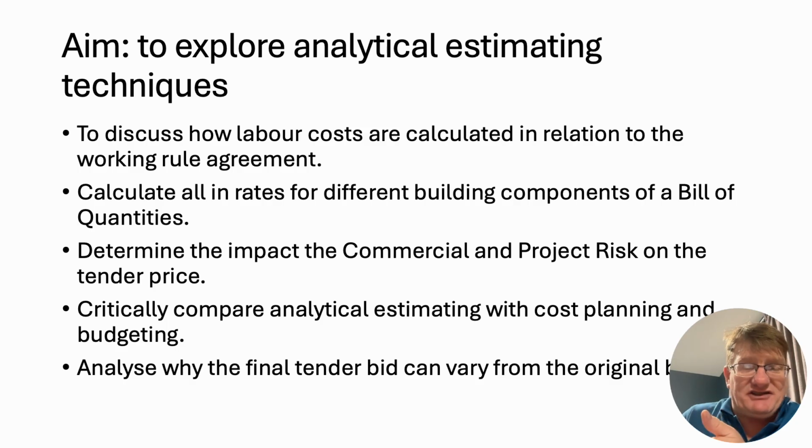And there are lots of studies, certainly done by the RICS and the CIOB, which look into this factor. Why are our final accounts ultimately anywhere between 10 and 30, sometimes 40% higher than what we originally budgeted for, or what we had promised the client at the beginning in our tender?